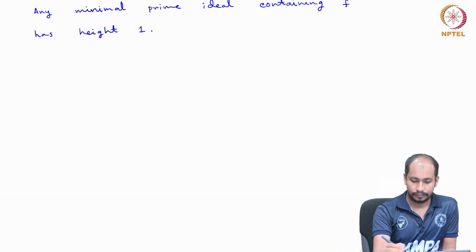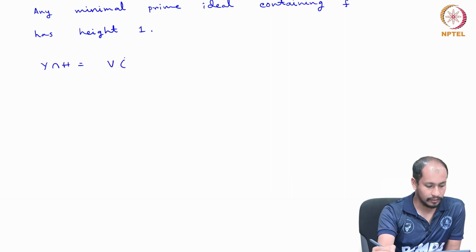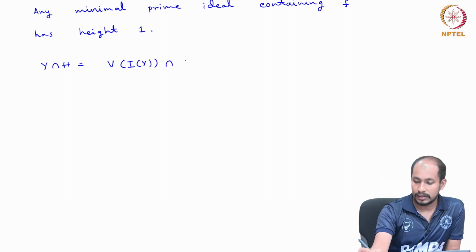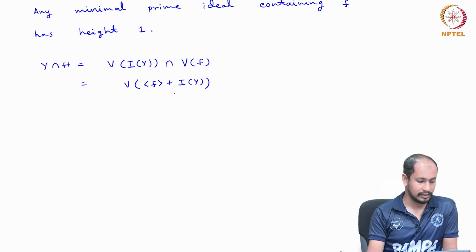Now, Y intersection H is V of I of Y intersection V of f, and this equals V of the ideal generated by f plus I_Y. We have already seen this.